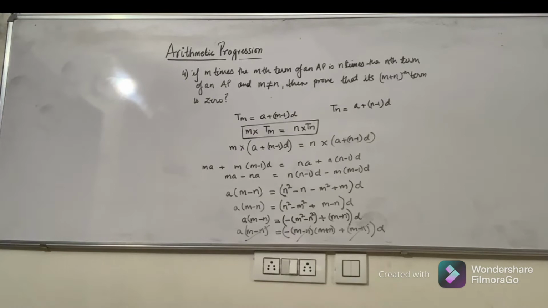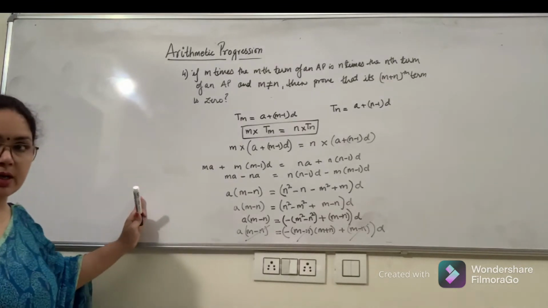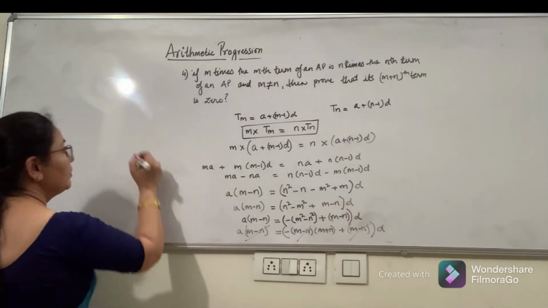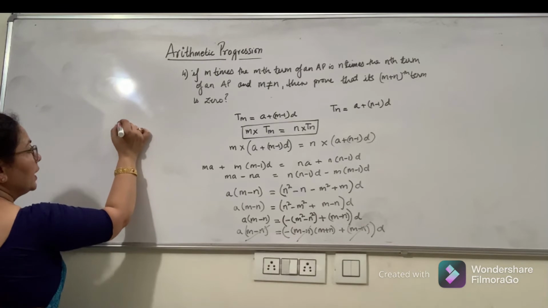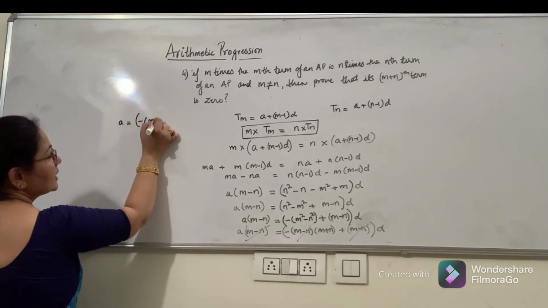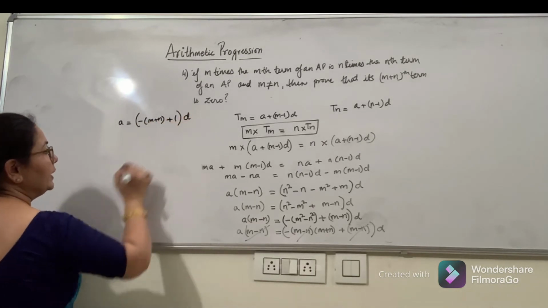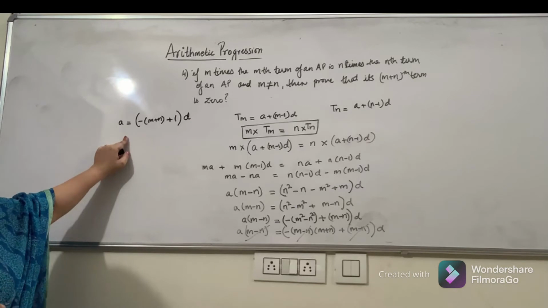When I take common, I'm left with A here, and then minus of (m plus n) plus 1, and overall D. So I've got this relation now.